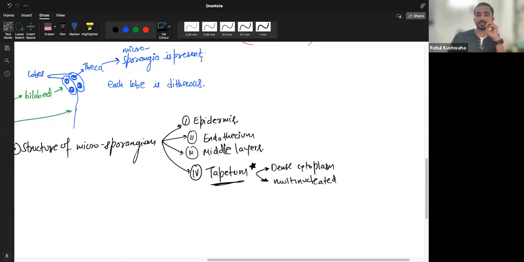Parker says it provides nourishment. That I only told you. Yes, Mariam, the question is, why is tapetum multinucleated and has dense cytoplasm? Parker says it provides nourishment to pollen grains, but what is the reasoning behind it? It could not have provided nourishment if it was uninucleated and had a normal cytoplasm.